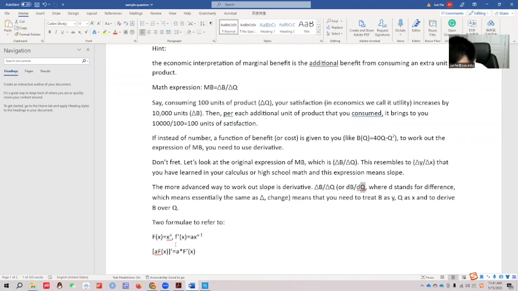First, if f(x) equals x to the power of a, then f prime of x equals a multiplied by x to the power of a minus 1.